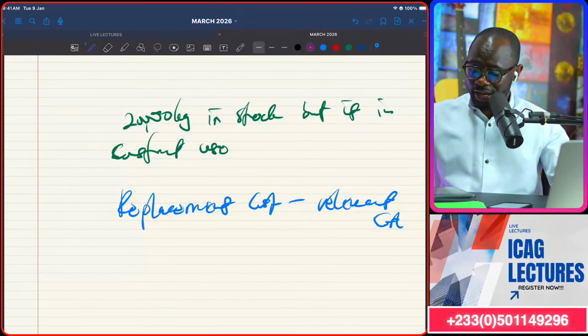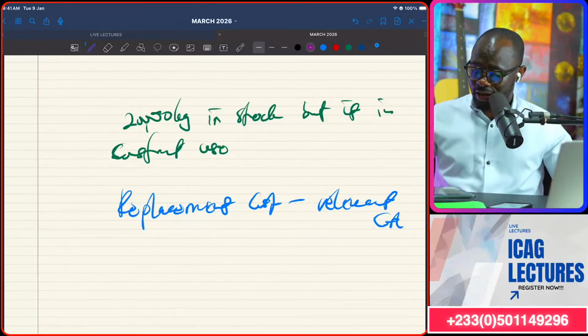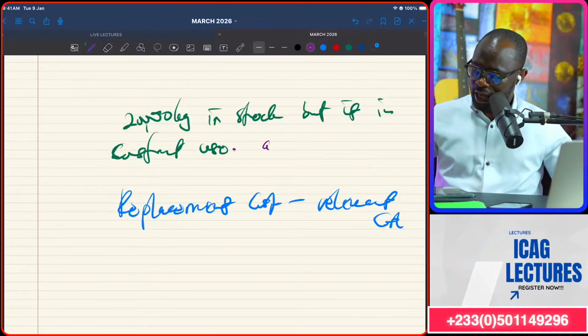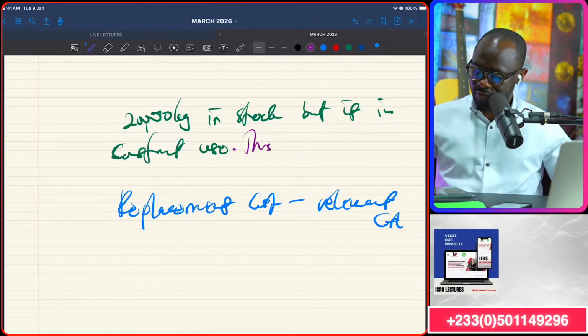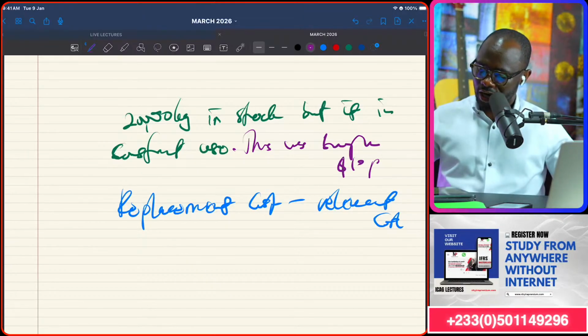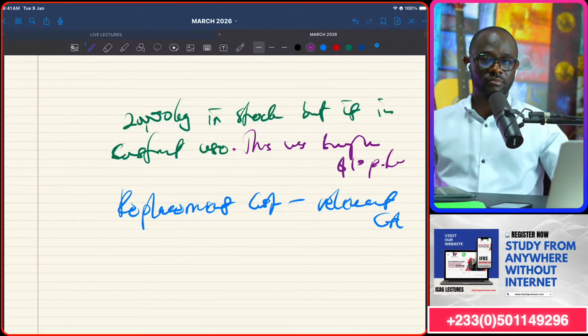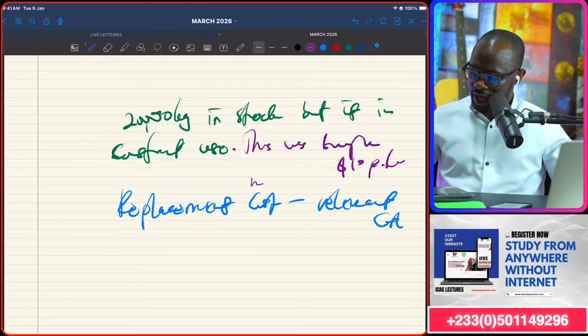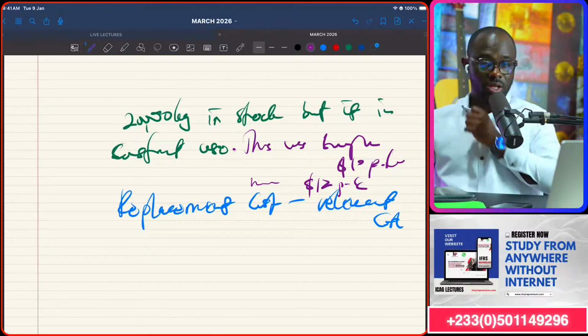And funny enough, in the question, the examiner will tell you that this was bought maybe 2 months ago at $10 per kilogram. And if the entity is buying it now, it is at $12 per kilogram.